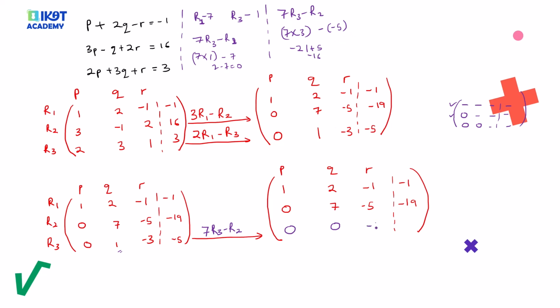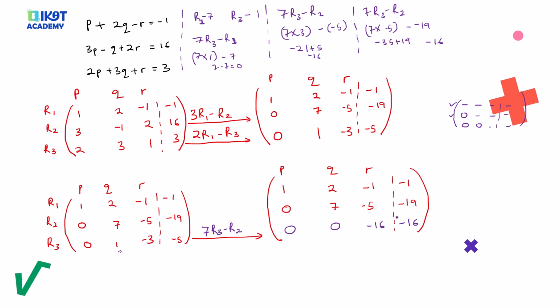So I put here negative 16. Then I continue 7R3 minus R2. 7 times what is R3? Negative 5, minus R2, negative 19. So this is negative 35 plus 19. What do we get? We get negative 16. So now we can put here negative 16.